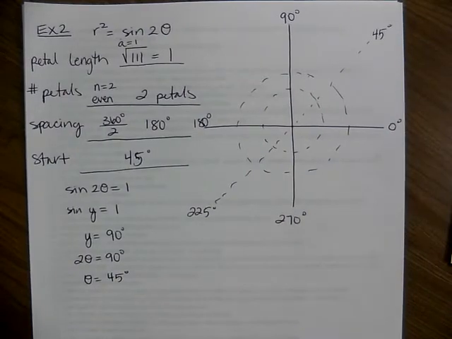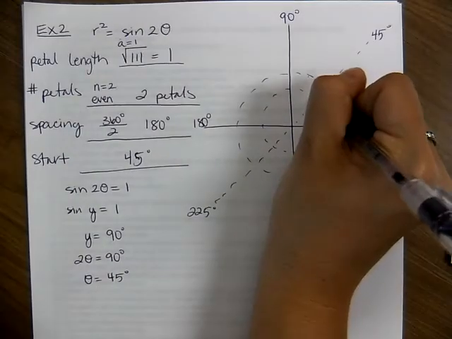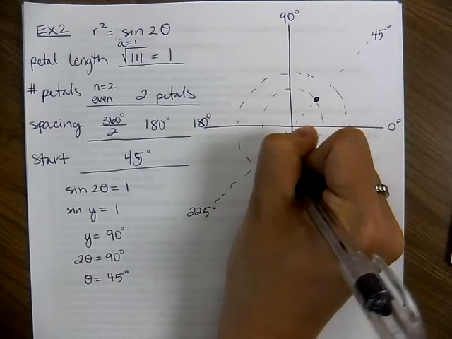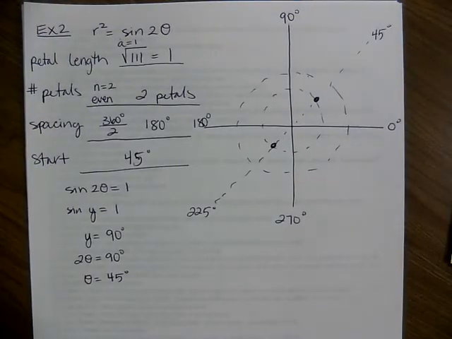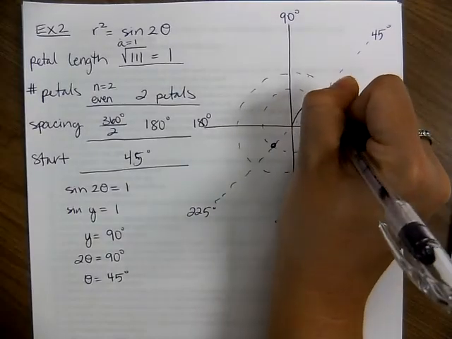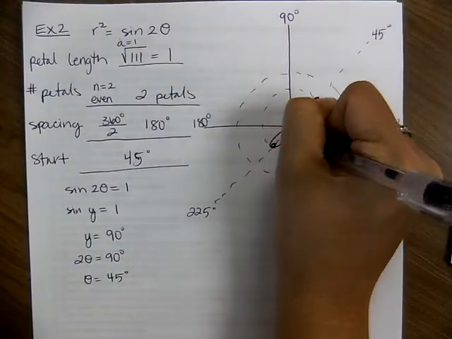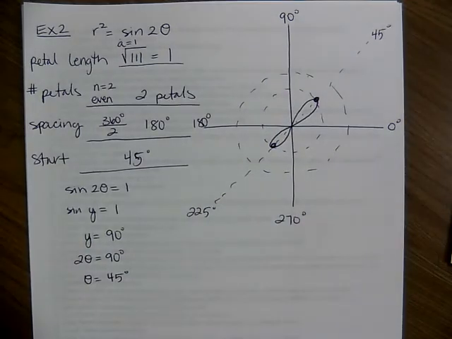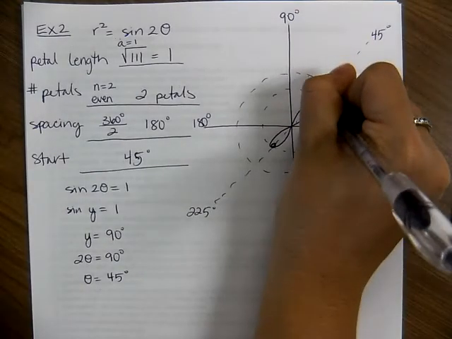Okay, now we have a petal length of 1. So I'm going to put a point here and a point here. And then you make your figure 8. So it looks like this. And you can just put a 1 there.